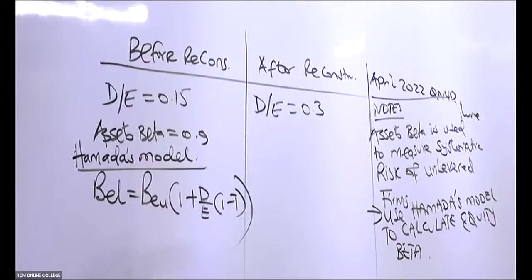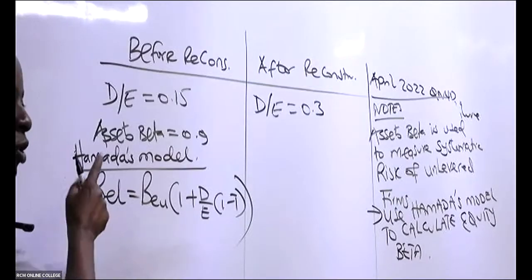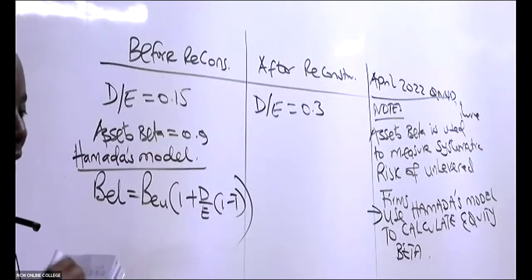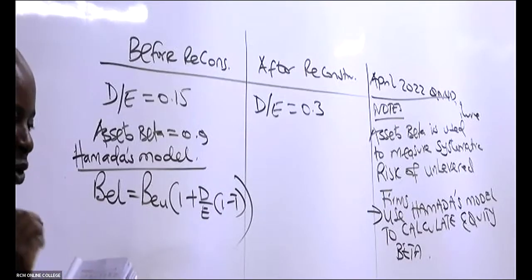So we are using Hamada's model, and it looks like this. BEL should be equal to BEU into 1 plus debt over equity, into 1 minus tax. This BEL stands for beta equity of a levered firm.